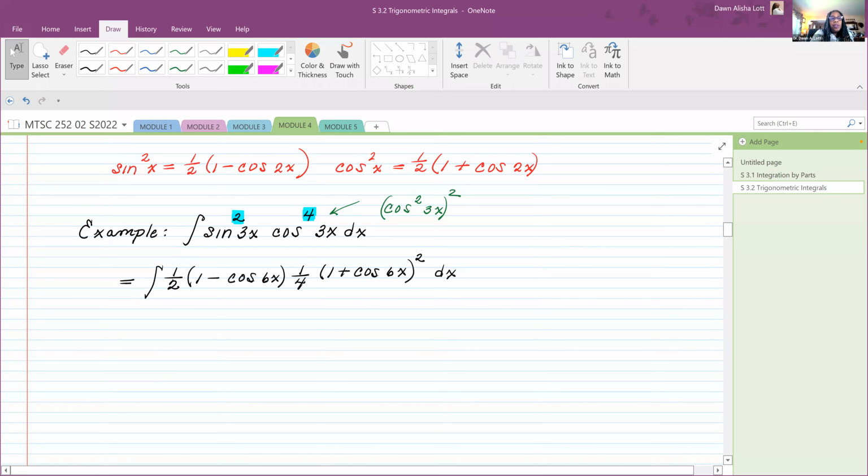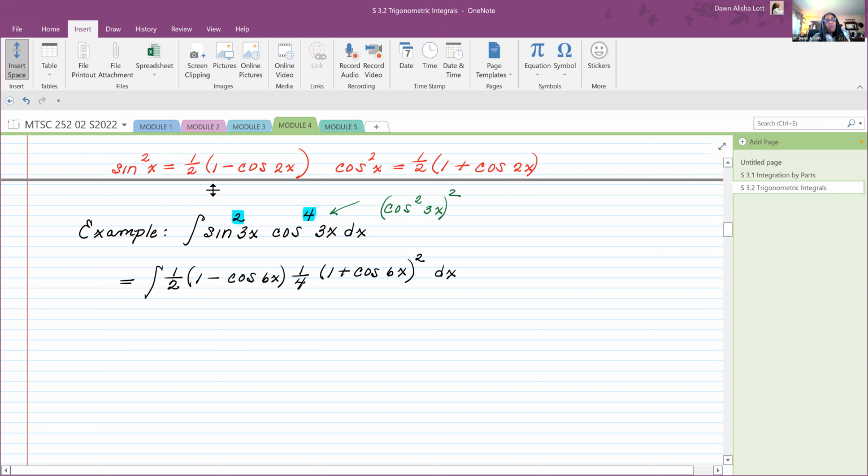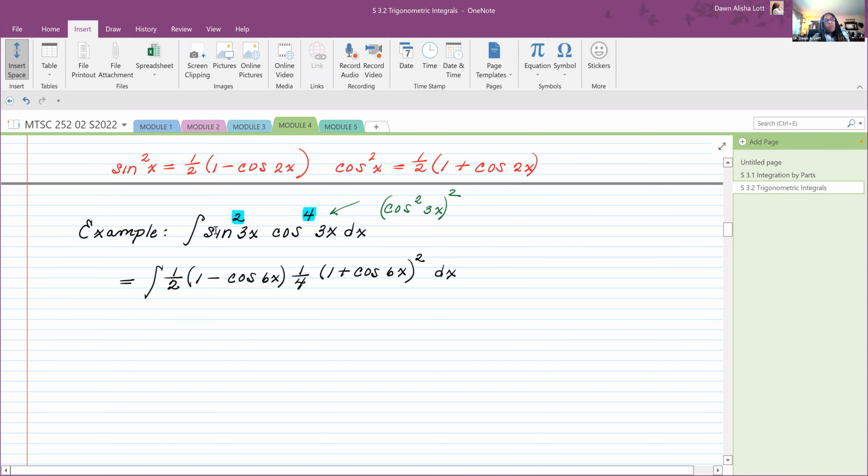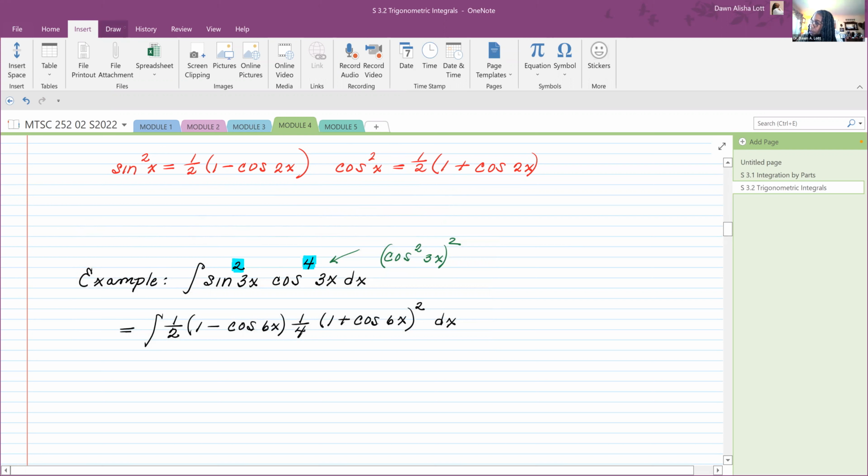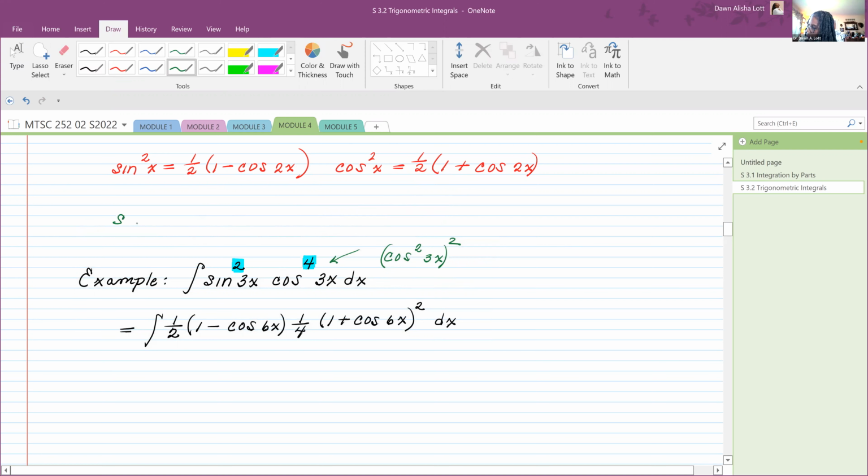So now that's what I have to integrate. As I substituted here, I'll add one more line. Here I used sine squared of 3x is equal to 1/2 times 1 minus the cosine of 6x, and I used cosine squared of 3x is 1/2 times 1 plus the cosine of 6x.